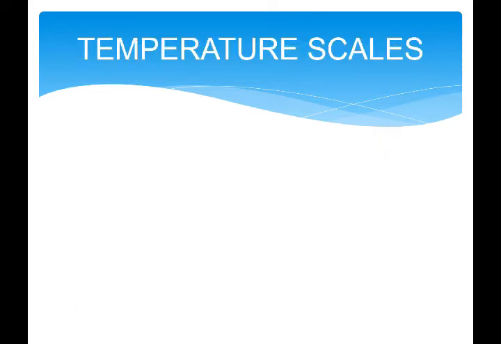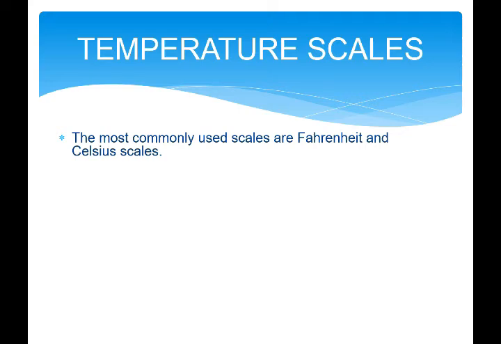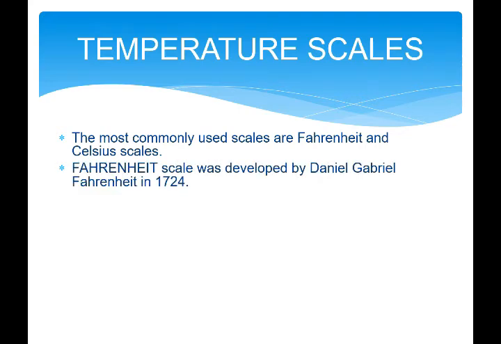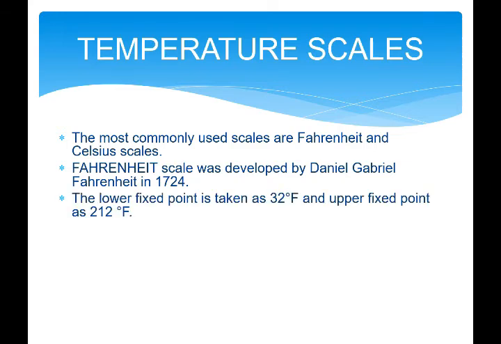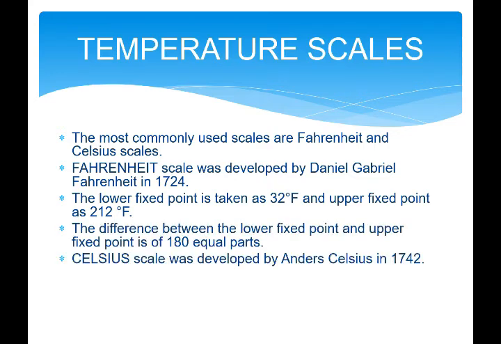Before telling you the relation between Celsius and Fahrenheit, I would like to discuss the Fahrenheit and Celsius scales. The Fahrenheit scale was developed by Daniel Gabriel Fahrenheit in 1724. The lower fixed point of Fahrenheit is 32 degrees and the upper fixed point is 212 degrees Fahrenheit.